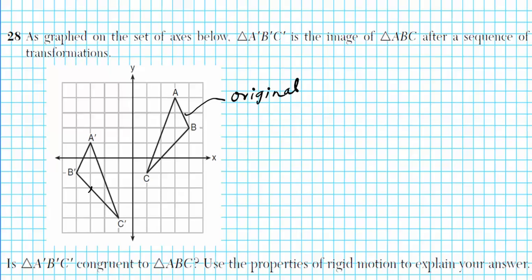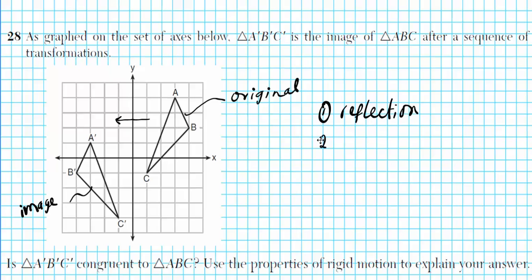Well, if you take a look at B, you notice that B is to the right of A here, and B' is to the left of A' here. So what transformation does that call to mind? A reflection. It looks as though this original object was reflected about the y-axis. So we have one, a reflection.